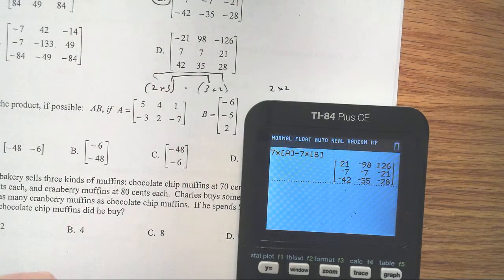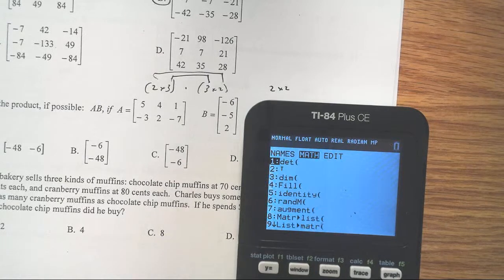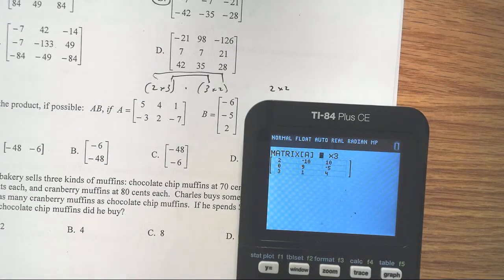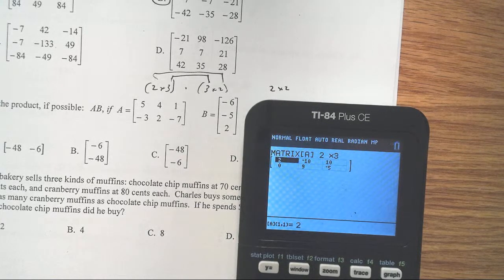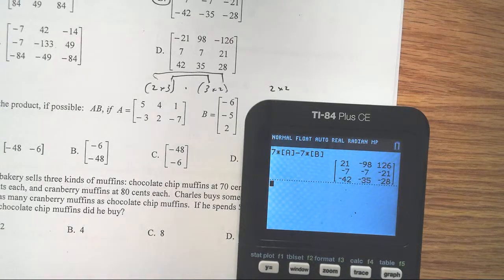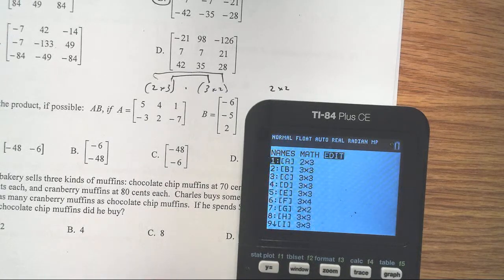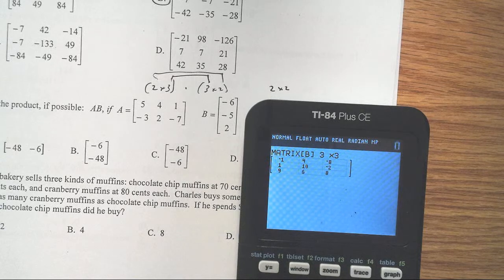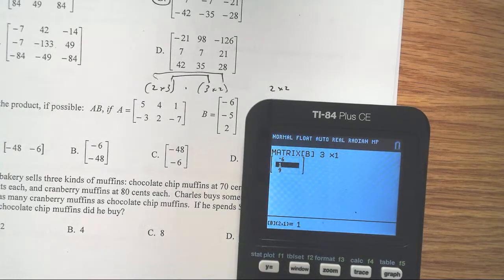Here we go. Second matrix. Let's edit matrix A, and let's have it be a 2 by 3. It's 5, 4, 1, -3, 2, -7. Second quit, second matrix, edit, matrix B. It is a 3 by 1, and it is -6, -5, and 2.